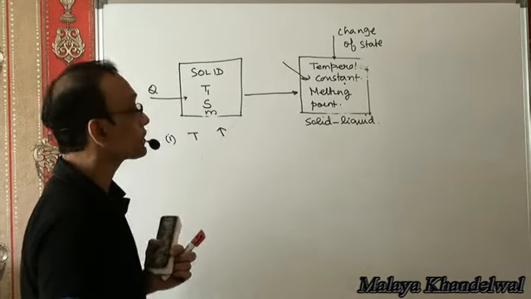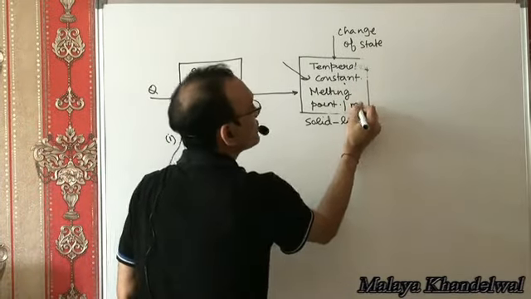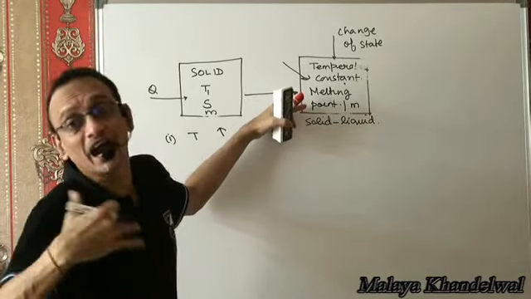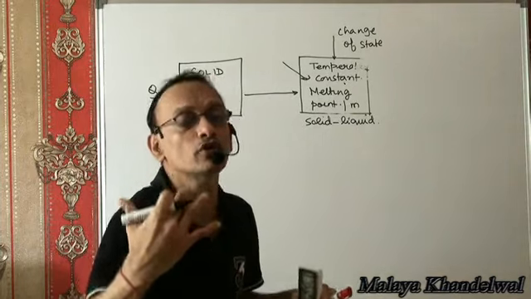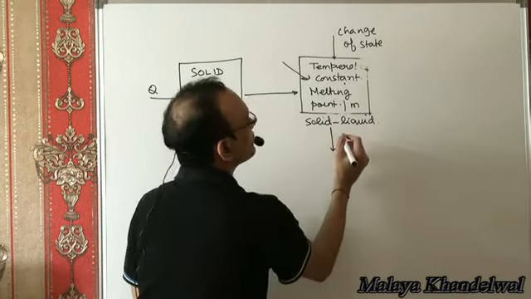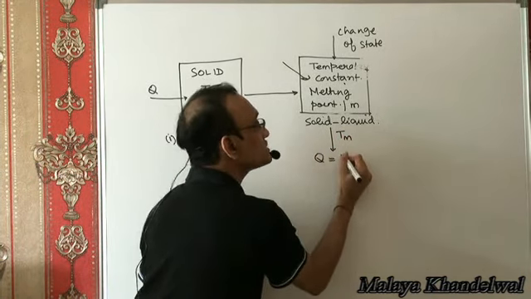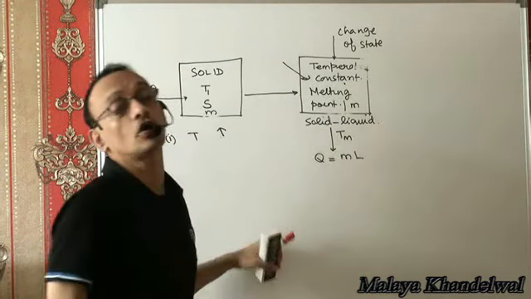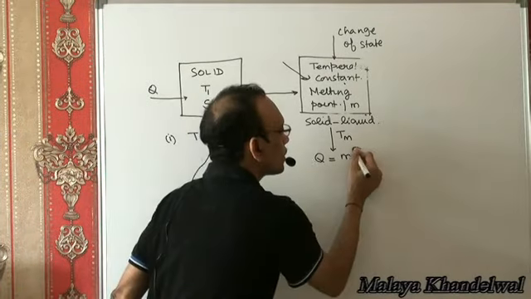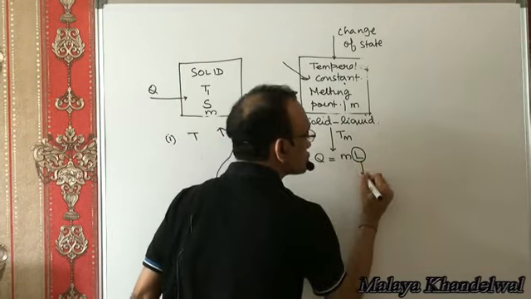Now, when there is conversion from solid to liquid, and if I have m grams of the solid at its melting point, Tm, to be converted into m grams of liquid at the melting point, then the heat required is going to be given by mass into a property of the substance called latent heat of fusion.